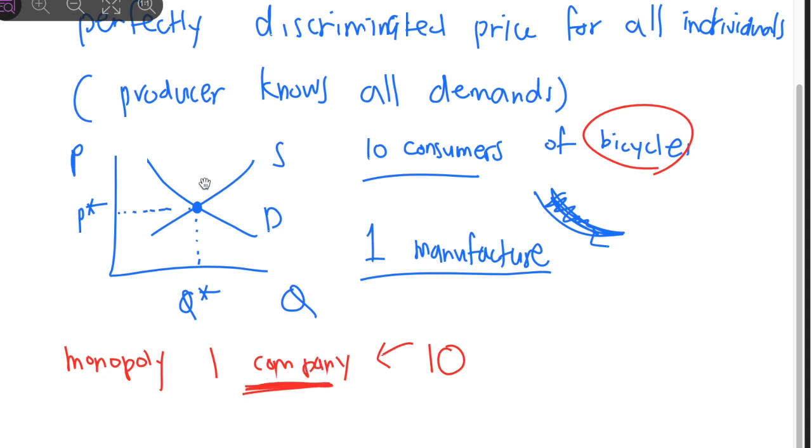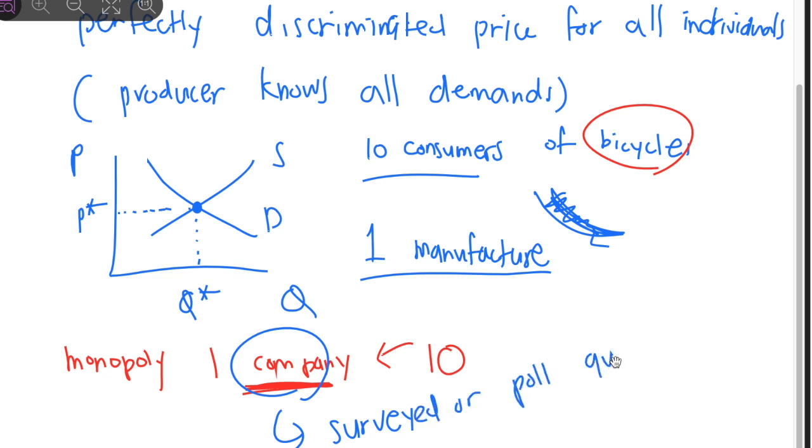And on top of it, we're assuming this company has surveyed or has a poll on the consumer preferences, and he knows, oh, consumer number one needs that bike. Oh, I'm gonna charge him $700 because he's willing to pay up until $700, right?